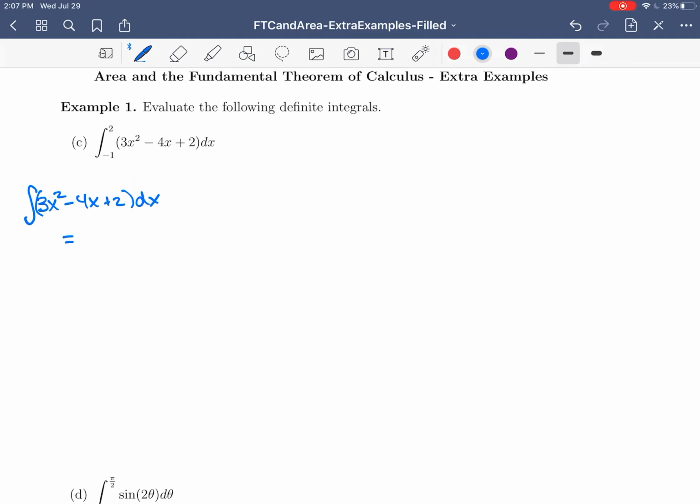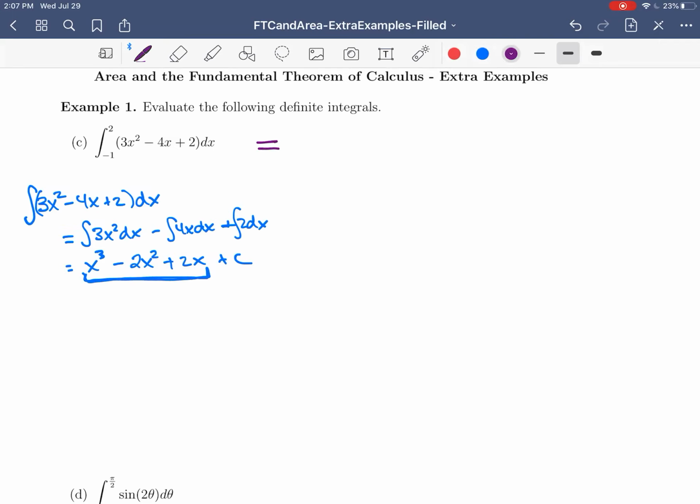Okay, so we've done some like this before, so you can do each part separately. The first one is going to be x cubed. The second one is 2x squared. And then I have a plus 2x, and then I would have my plus constant, so I can use this as my antiderivative up above.